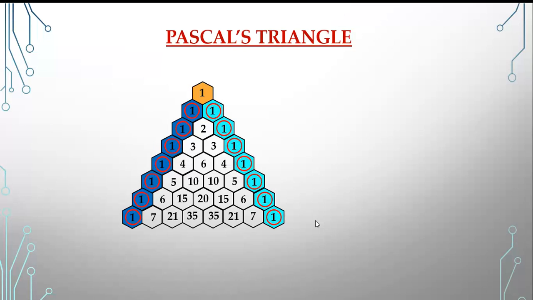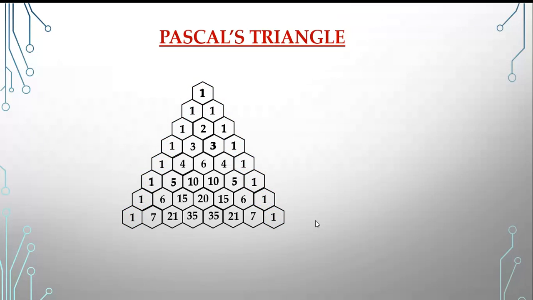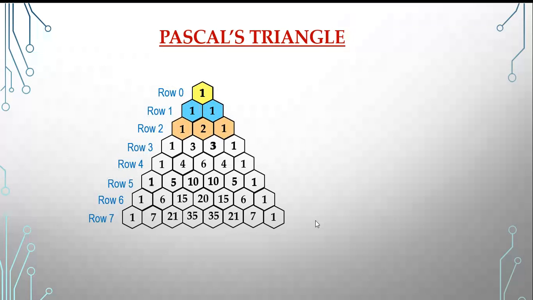In Pascal's triangle, the row numbers start from 0. This is the 0th row, this is the first one, then the second one, and so on. The third row is 1, 3, 3, 1. The fifth row is 1, 5, 10, 10, 5, 1, and so on.